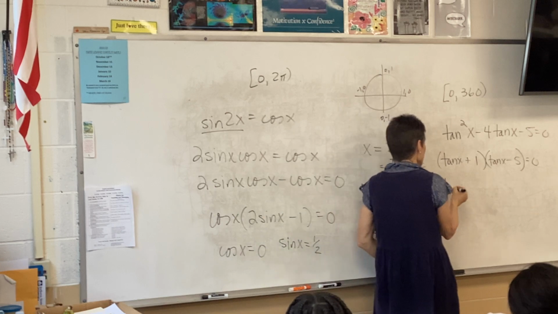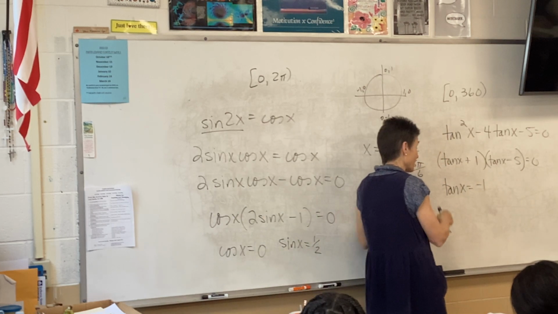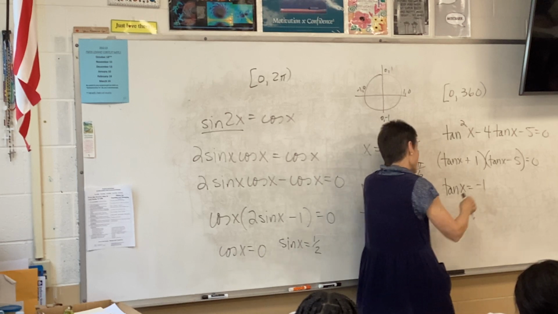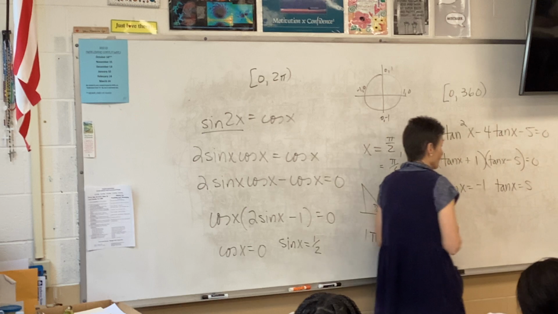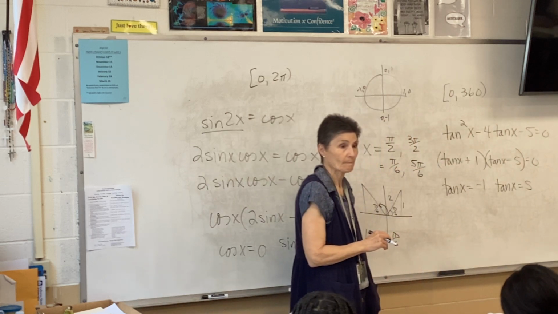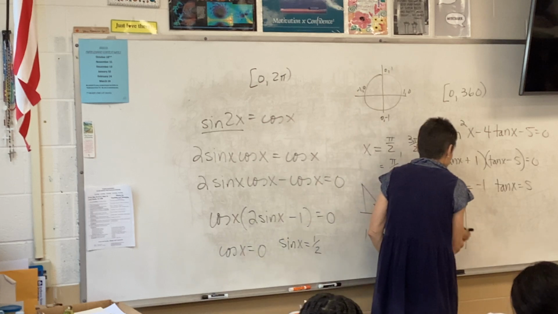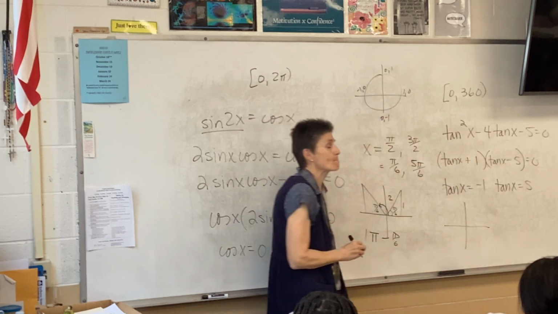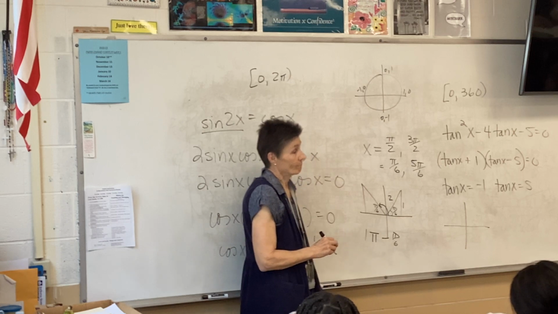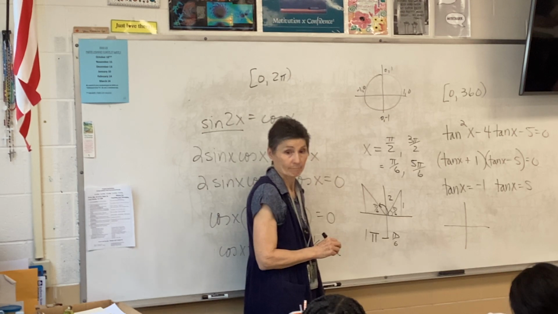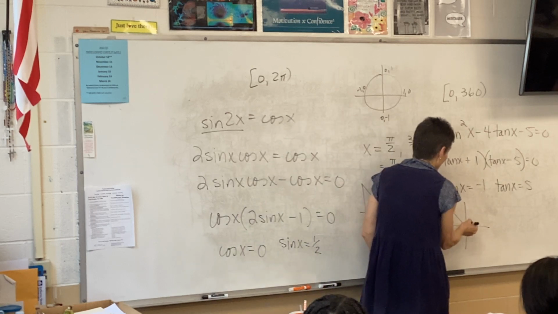So tangent equals -1. That one I can actually do without a calculator, so I will. Or tangent equals 5. I need a calculator on that one. Okay? So where is the tangent negative? Two and 4, Kamara says.